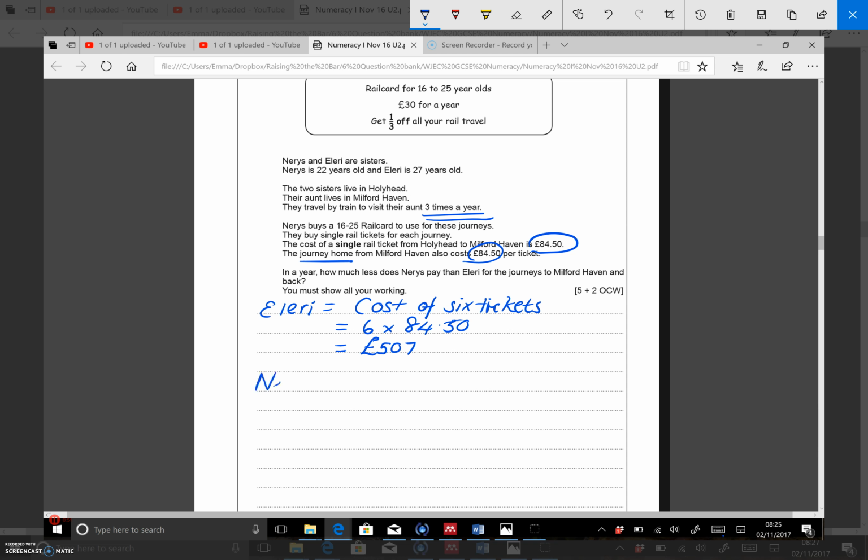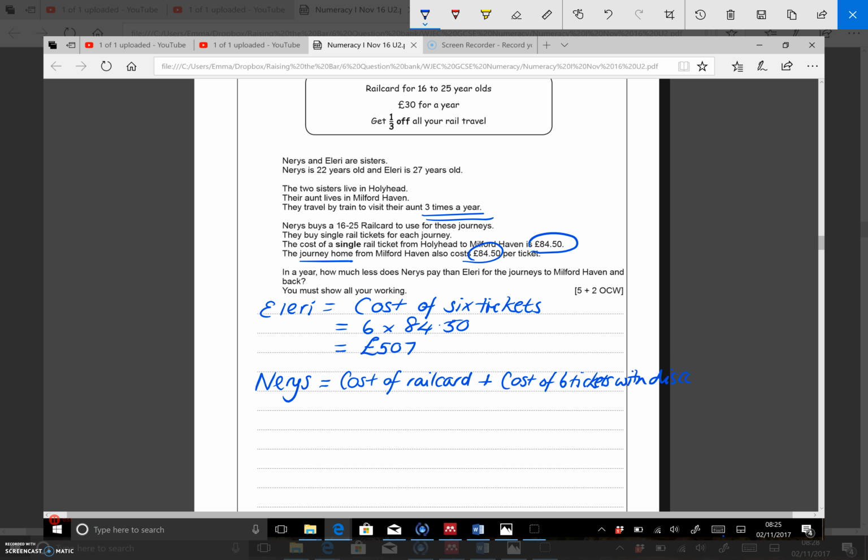Now, Nerys is the one that has the rail card. So she's going to pay the cost of the rail card initially, because you've got to pay for one of those to be in the scheme. And the cost of 6 tickets with the rail card discount, okay, because she gets money off because she's got this rail card.